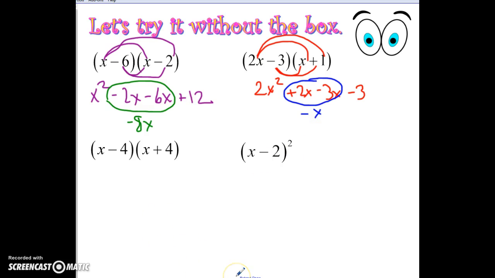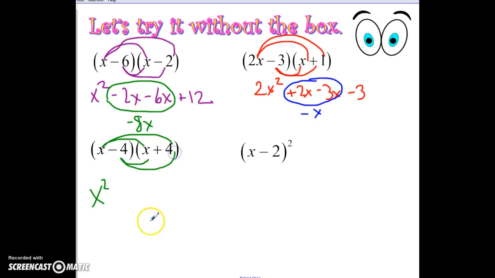Another thing that you might be able to do as you start getting better and better at this is you can do the first terms, x squared, and then think about, so if I do the outside, that'd be 4x, the inside would be minus 4x. So I would have plus 4x and minus 4x, which would cancel each other out, so I don't have to write anything at all.